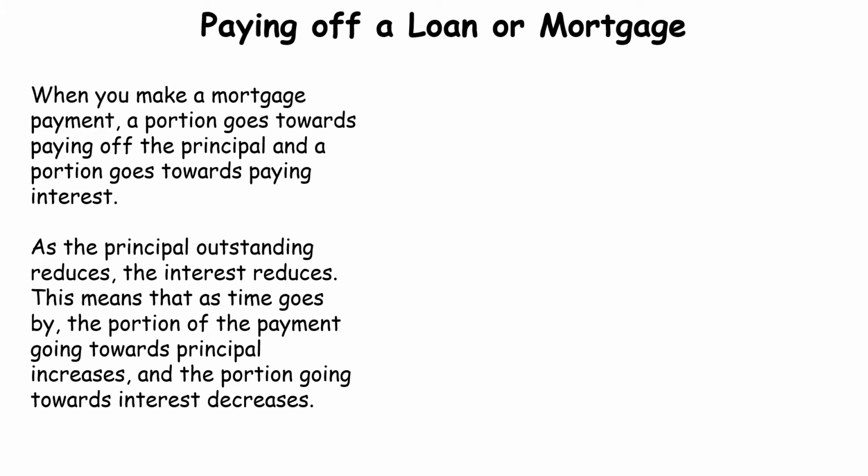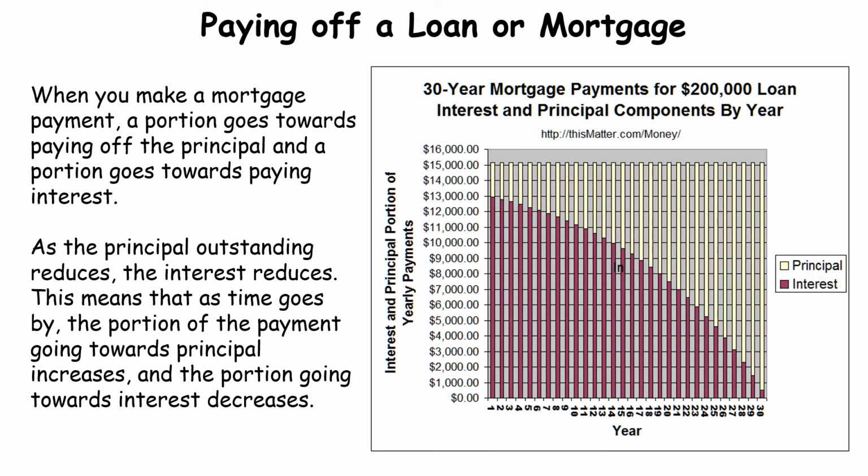So what it looks like is this. The principal is in yellow and the interest is in that kind of dark red. This is just a random 30-year mortgage of 200,000, looking at each year. Look how little principal is being paid off in the first few years. We're looking at about 2,000 out of a payment of 15,000, such a small piece of that.